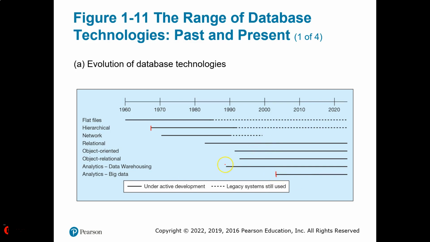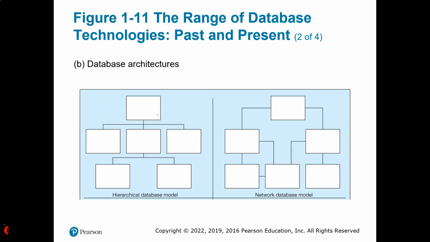Data warehousing started in like 1989. I graduated high school in 1985, right here. Yeah, some of these things have been around a long time. Again, I'm not going to ask you any history questions, so we're going to skip past this. Yeah, we'll skip past this as well.